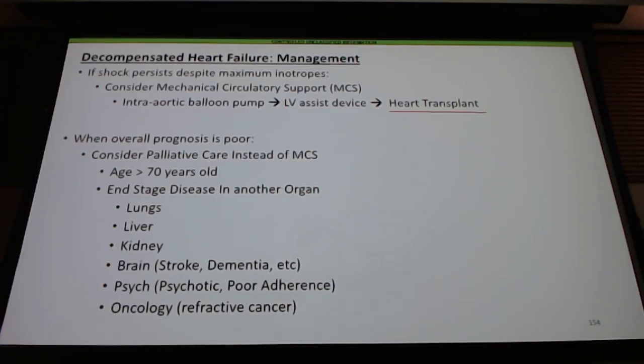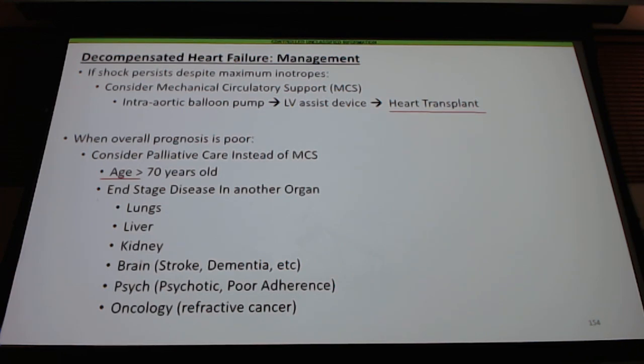But there are certain things to factor in based on your recommendation for treatments for your patients. And maybe the discussion for palliative care, hospice care may be better for your patient. And things that might portend a worse prognosis are their age.